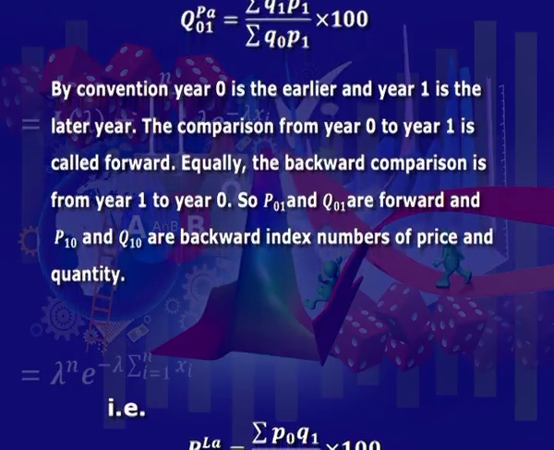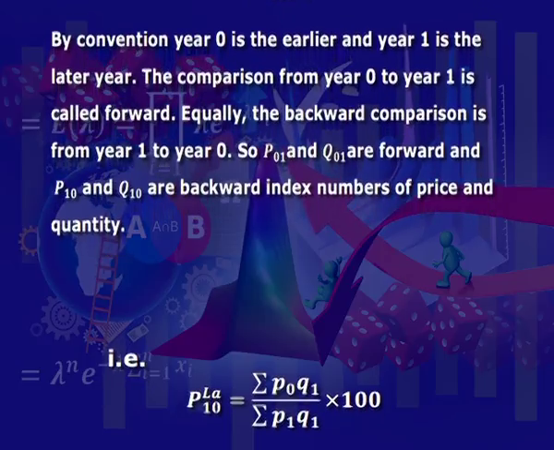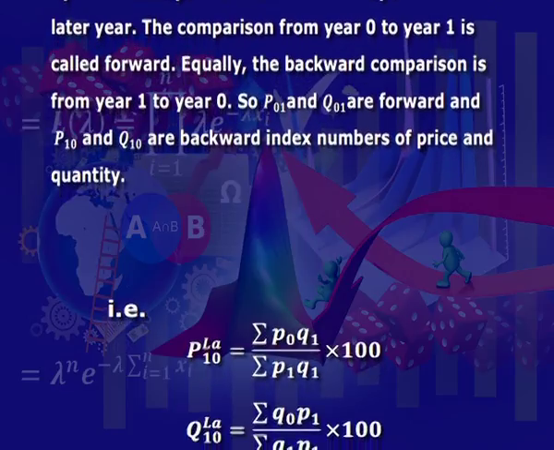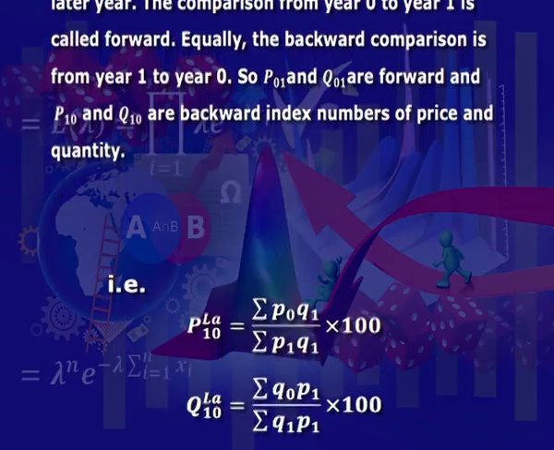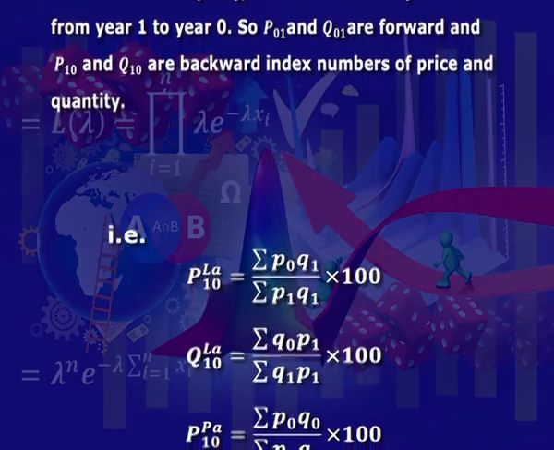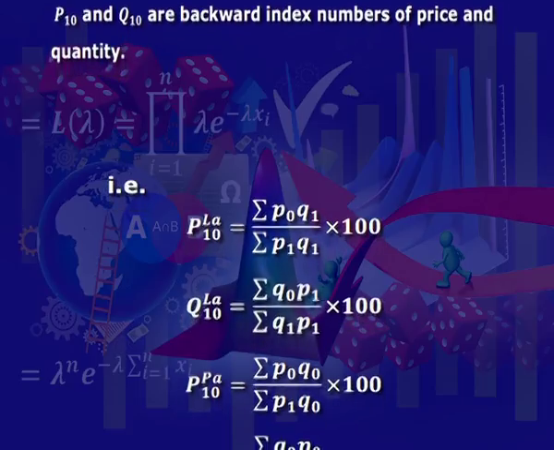The comparison from year 0 to year 1 is called forward. Equally, the backward comparison is from year 1 to year 0. So, P01 and Q01 are forward, and P10 and Q10 are backward index numbers of price and quantity.